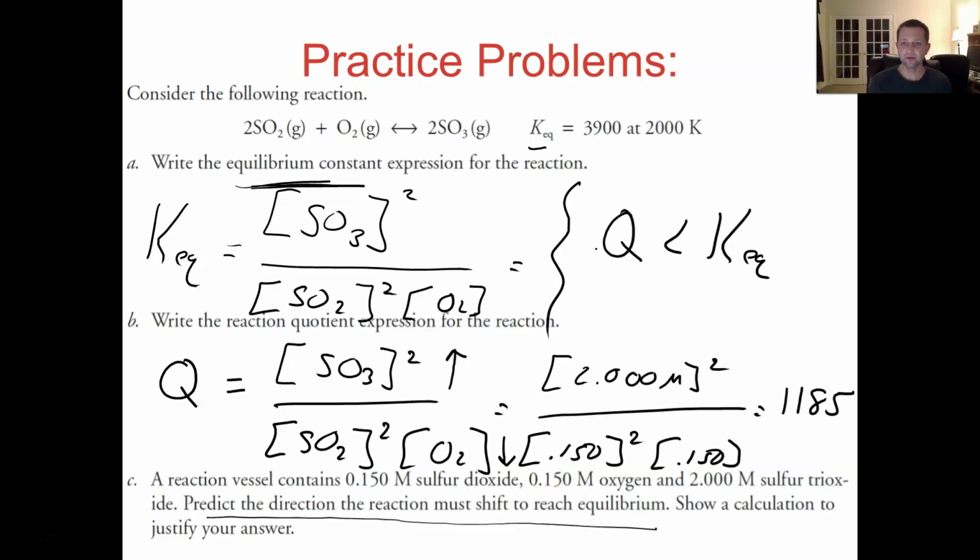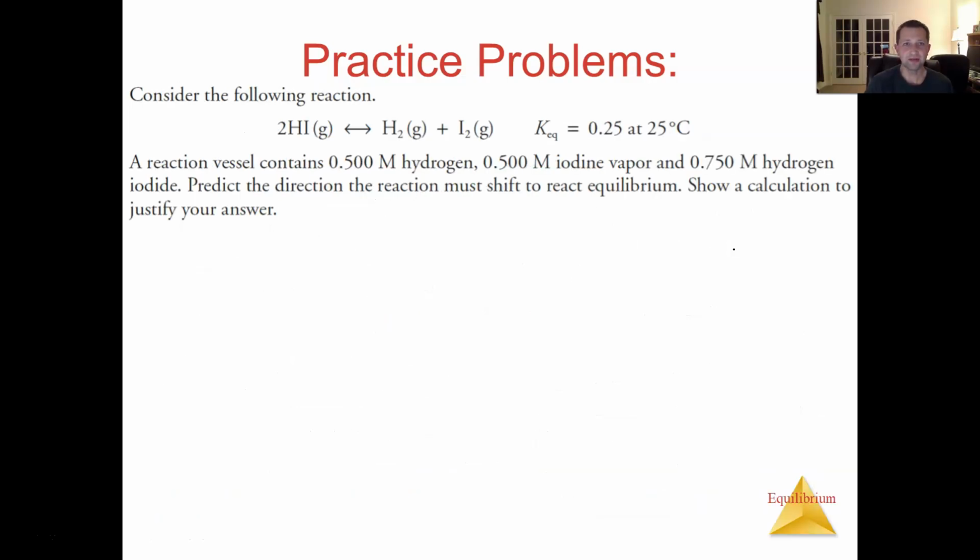If I want to increase my product and decrease my reactant, then the reaction needs to shift in the forward direction, going left to right, to create more product and decrease the concentration of reactants. These are really easy once you get the hang of it. If Q is less than KEQ, we shift forward. If Q is greater than KEQ, we shift to the left. Simple as that.